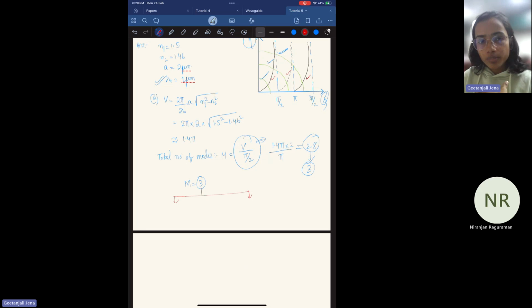And if it is an odd number, then both the symmetric and antisymmetric modes will have equal parts, but the additional part that is making it an odd number will go to the even mode.